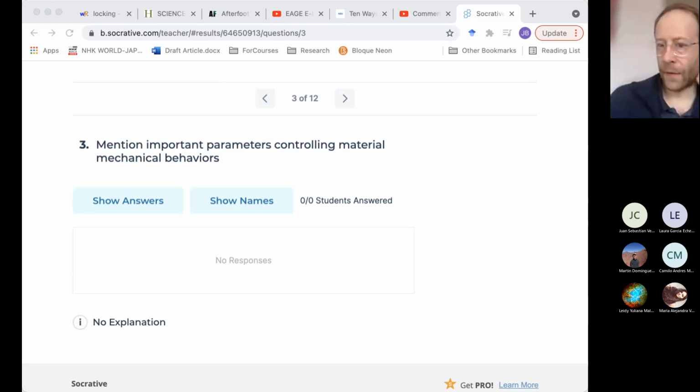Yes, definitely. The structure is part of those properties of the material, but it's definitely going to have an impact. If it's heterogeneous or homogeneous, it will as well. It will have some impact on the deformation, definitely, and on the mechanical behavior.